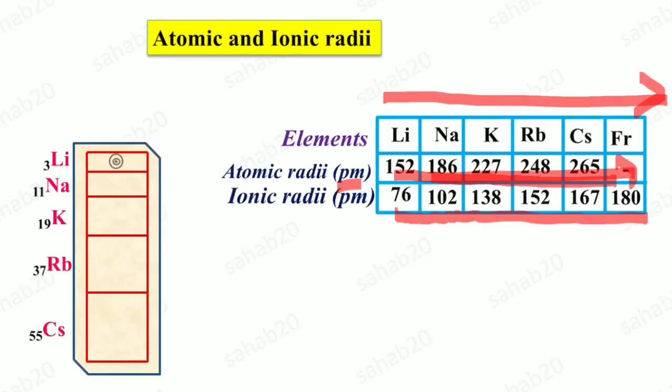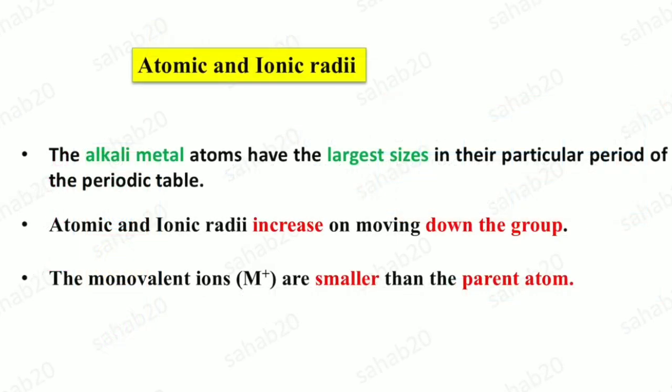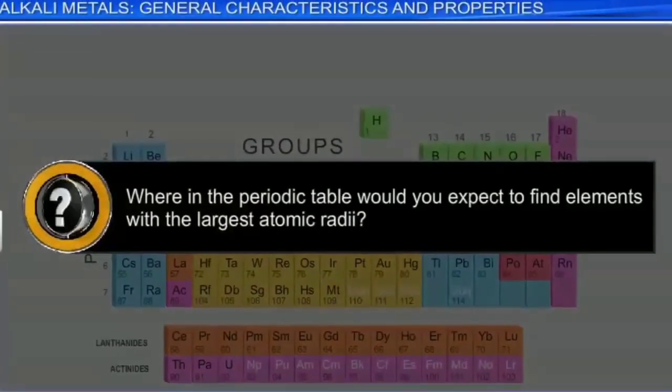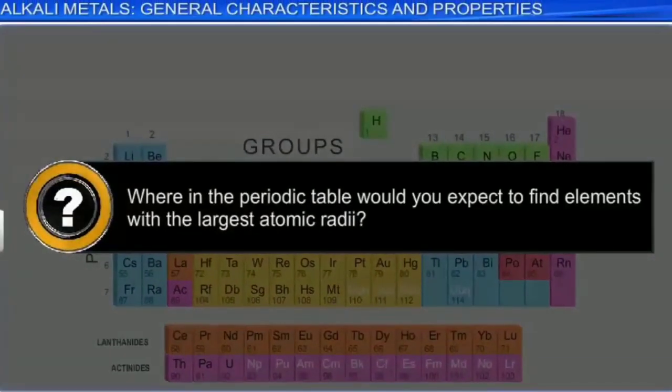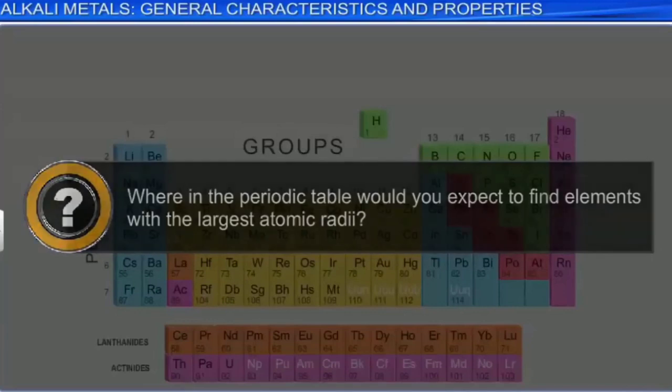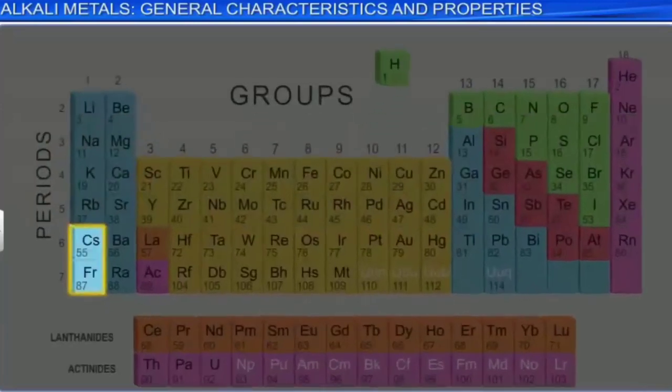While moving down a group, atomic and ionic radii increase with the increase in atomic number. Usually, the largest elements are found in the lower left corner of the periodic table, that is cesium and francium.